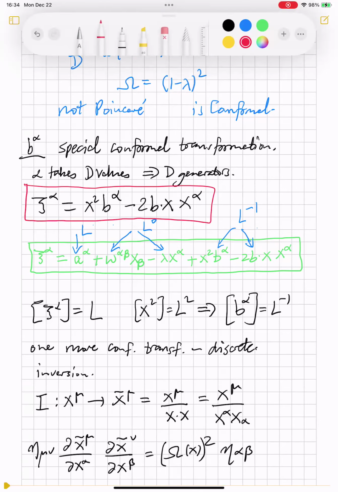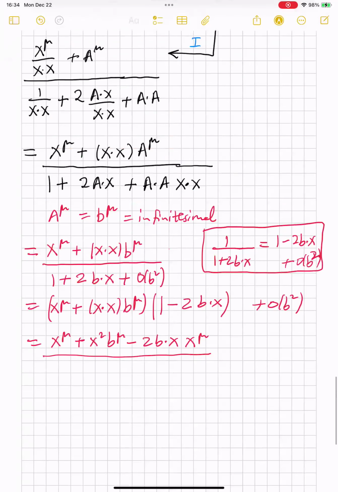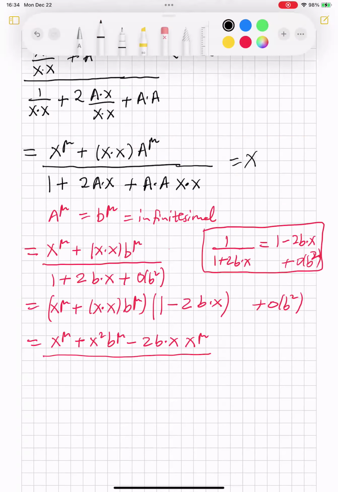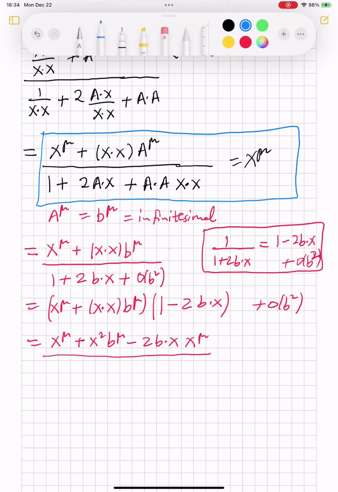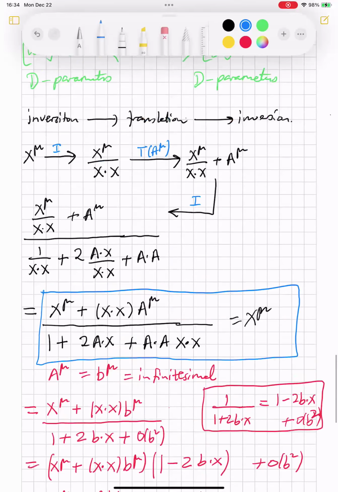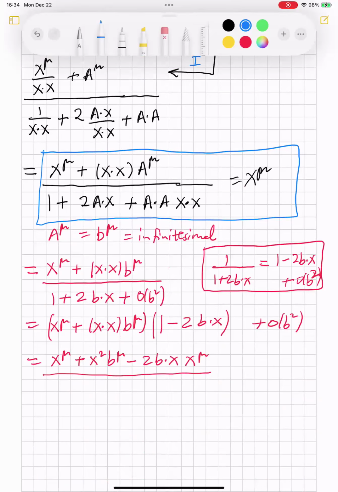So in fact, it turns out that this formula over here is the finite transformation for a special conformal transformation. A mu is an inverse length. You can easily see from this formula that capital A mu should be an inverse length. And how did we get it? We did an inversion, then a translation, and then another inversion. And that gave us the special conformal transformation. That's the right way to think about a special conformal transformation.